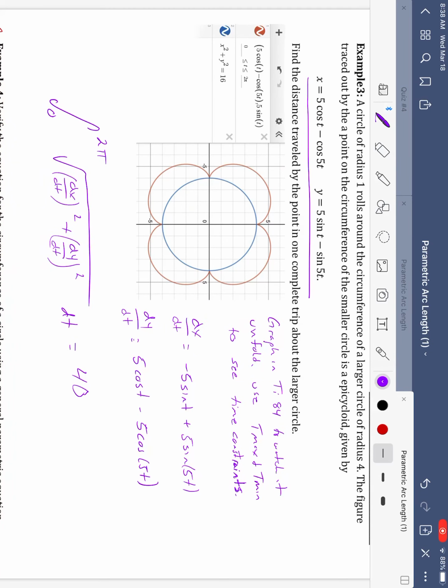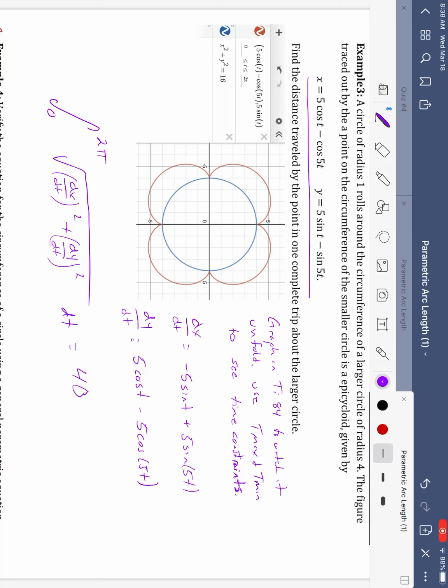Example 4b, 3. So this is a cool image. It says a circle of radius 1 rolls around the circumference of a larger circle of radius 4. The figure traced out by the point on the circumference of the smaller circle is called an epicycloid, given by this function. I would graph it in my TI-84 and watch it sketch out.